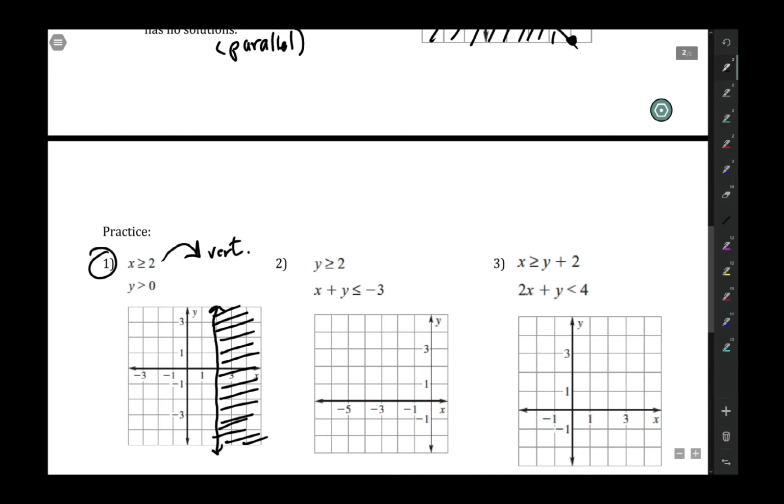Now y is greater than 0, y is horizontal, so that's right at the origin. I want everything more than it, so our intersection, to be clear, would be right there, okay?